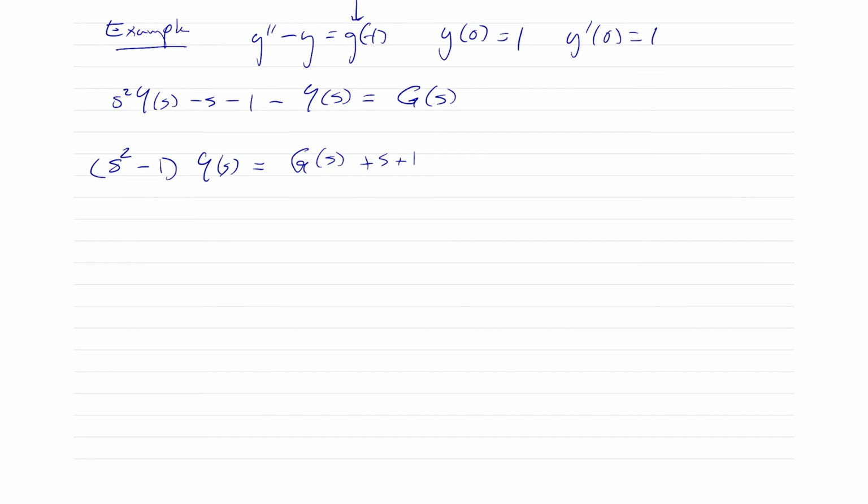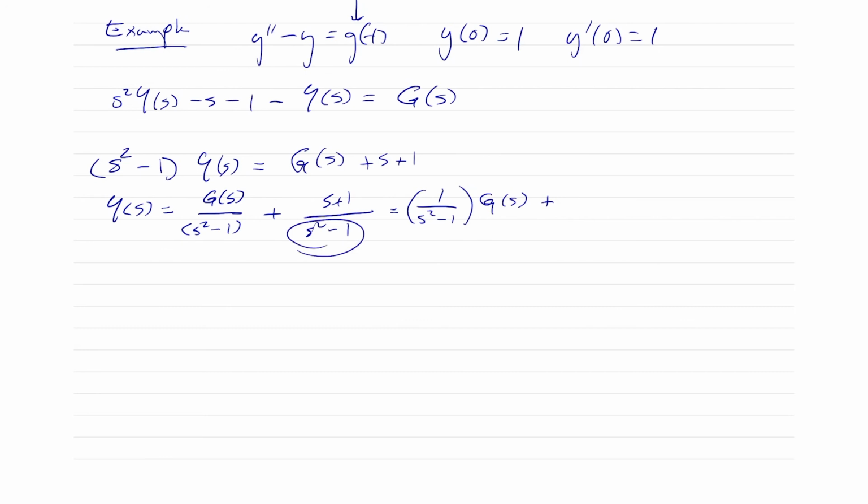Now we divide both sides by s squared minus 1, so we're left with Y of s equal to G of s divided by s squared minus 1, plus s plus 1 divided by s squared minus 1. Now I can do a little simplification. First, I'm just going to write this as 1 over s squared minus 1 times G of s. And on the other hand, s squared minus 1 is s plus 1 times s minus 1, right?